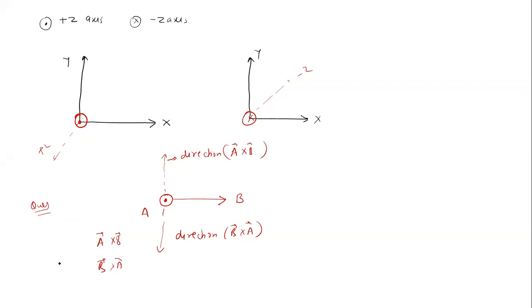Fine. Now if I give you one vector here, vector A is a cross and vector B is northeast. Can you find the direction of A cross B?